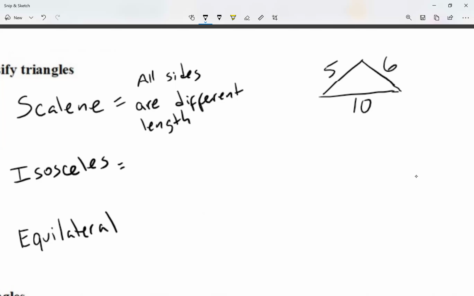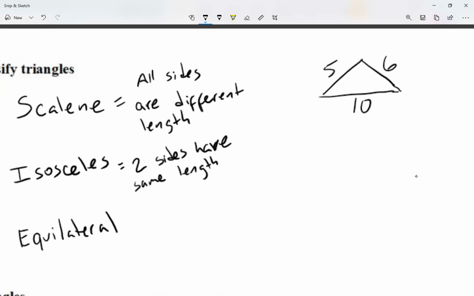So we're going to say for an isosceles triangle, two sides have the same length. Isosceles triangles are triangles where two sides have the same length.